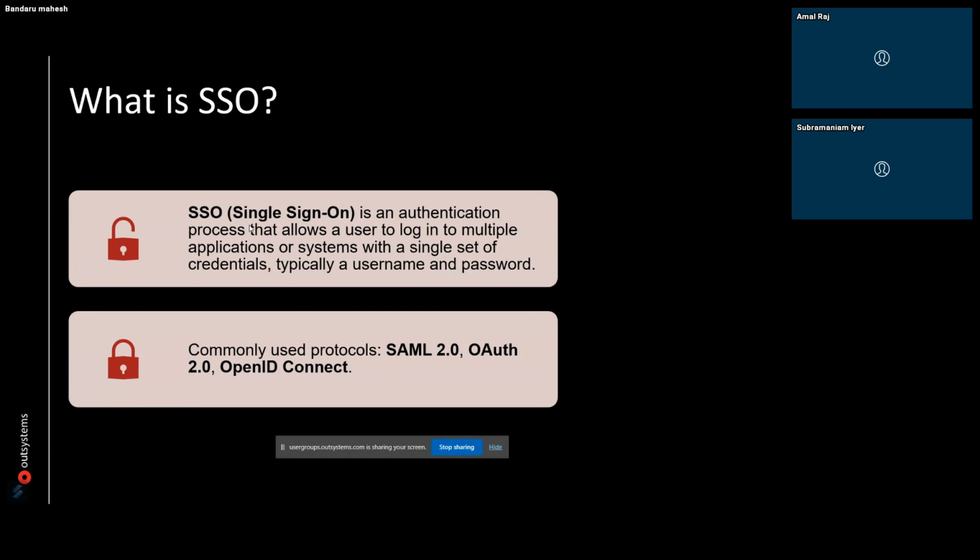Instead of accessing the applications with credentials each time, we access a single application initially, and later we can access the remaining applications without giving credentials. It works with the protocols SAML 2.0, OAuth and OpenID Connect. The SAML protocol is used to exchange data between the identity providers and the service providers. Service providers are nothing but our OutSystems applications.